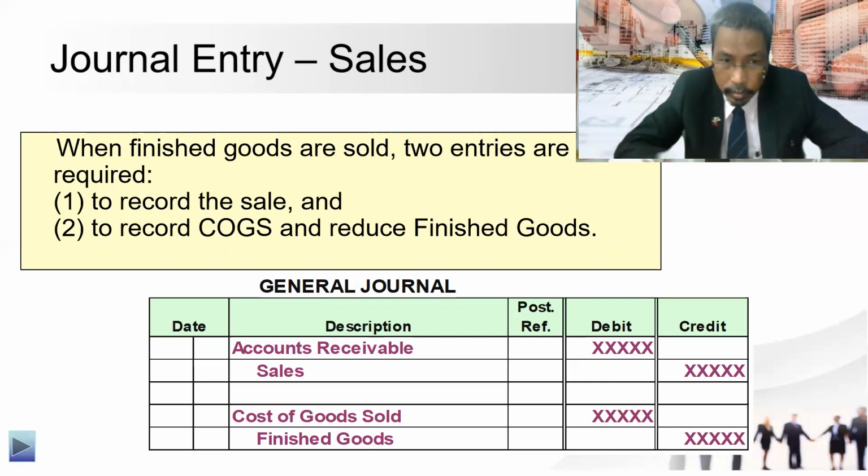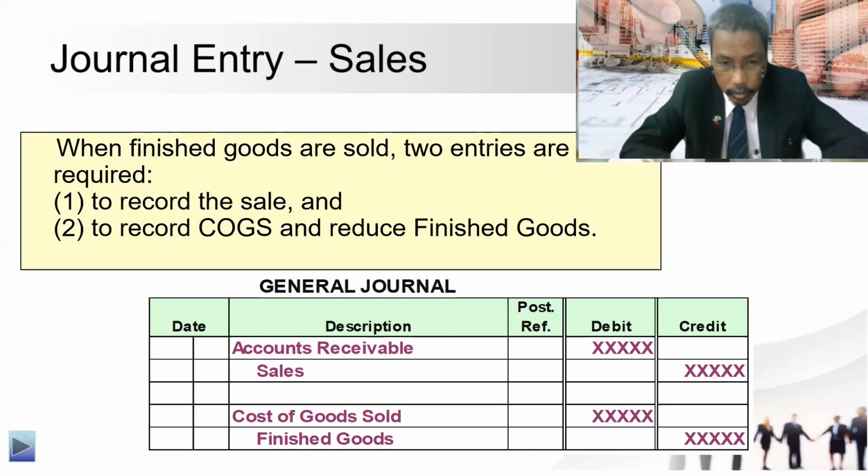So let us record the sale. How much is the money given to us by the client? That is the sales, and accounts receivable or cash. You can use either accounts receivable or cash for the debit side. So for the debit amount, think of any number and do it also for the credit portion. Okay.